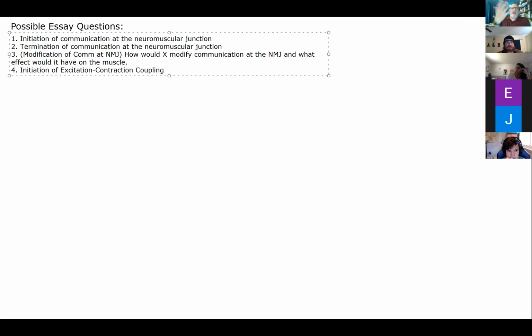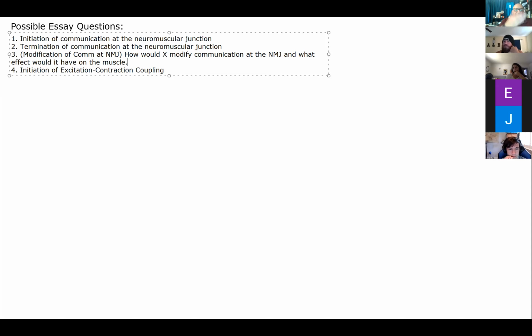So for instance, X could be tetanus. And as we know, tetanus binds to and keeps the cation channel open, allowing sodium to continuously flow in. And the effect that has on the muscle is a rigid paralysis. So you're right. Question 3 is modification of communication at the neuromuscular junction.